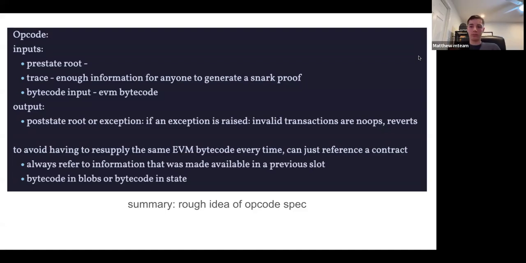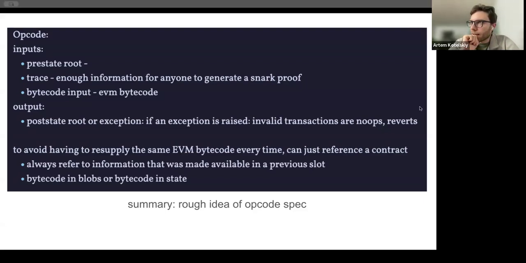Go ahead, Adam. Yeah, I was wondering about this 1559 idea. It makes sense to have it when there is a clear demand and also supply.